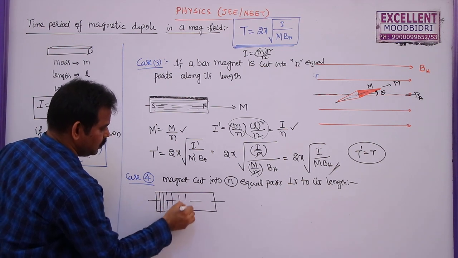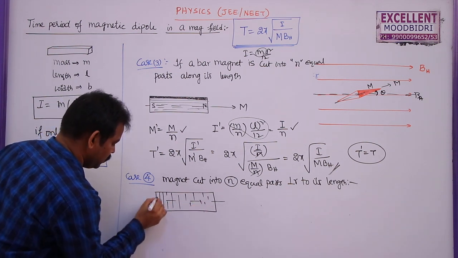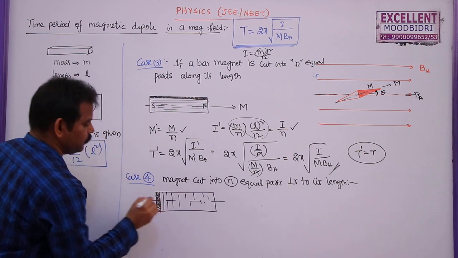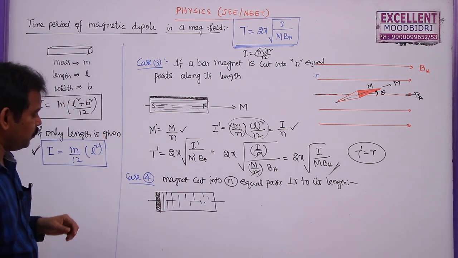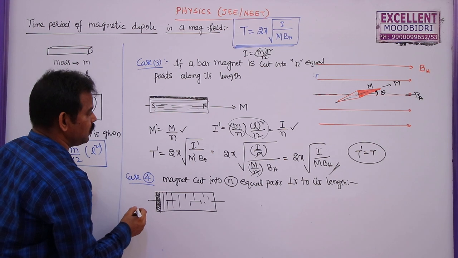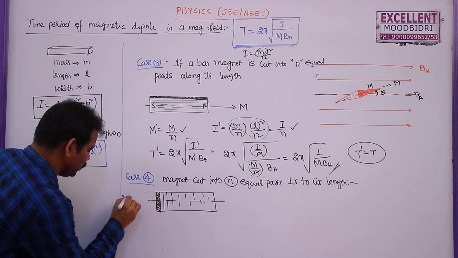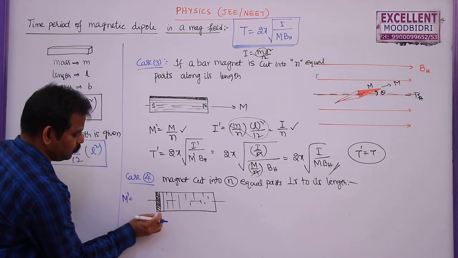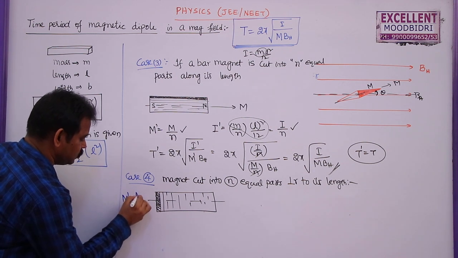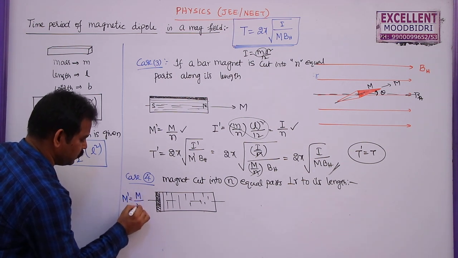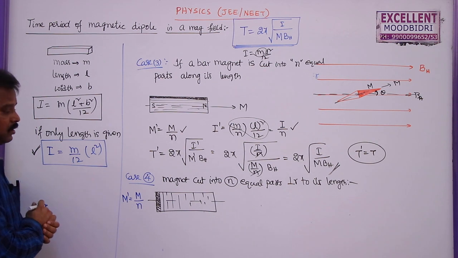How many parts? It is given as n equal parts. So this is one of the parts here. What is the new magnetic moment and the new moment of inertia? So m dash will become reduced by n times, as the length is reduced by n times. The magnetic moment also decreased by n times.